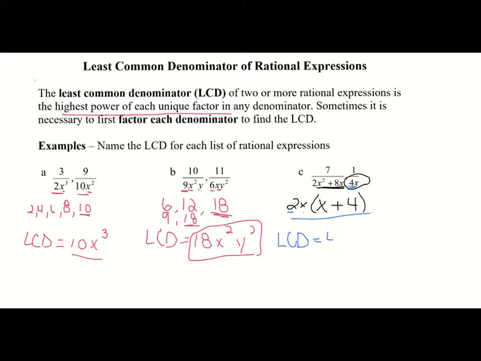So we're going to have 4. We have our x plus 4 still. And then they both have an x, and they're both to the first power, so we're going to choose that x. So my LCD here has all my unique factors included. We had a single number, the single x, and the expression x plus 4. So they're all included here, and that would be my LCD for that one.